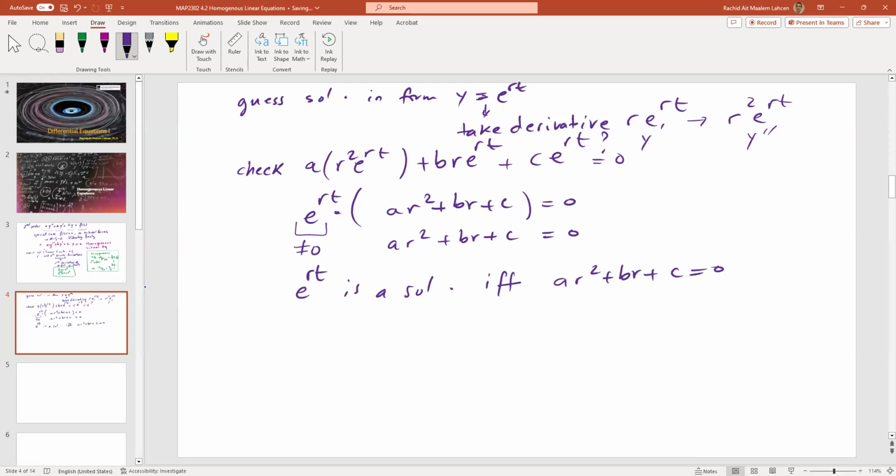And this is a quadratic equation that we know how to solve. It could be just r written the way it is, or over here let's specify where.